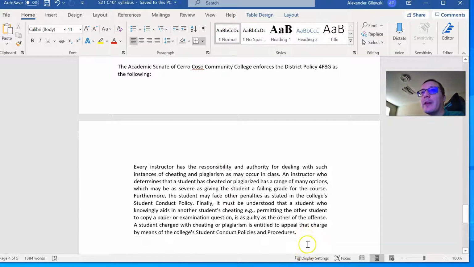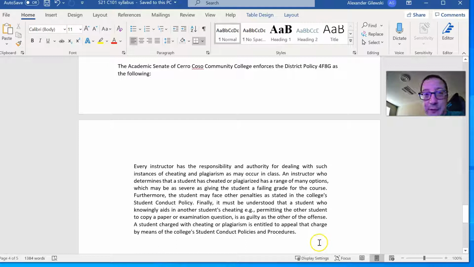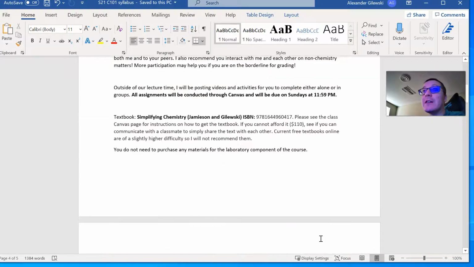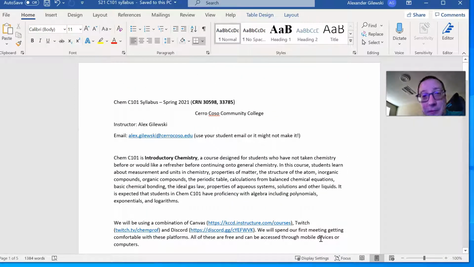So, I have the right to give you a 0 or fail you from the course if I suspect cheating. I really don't want to have to deal with that. Cheating makes it uncomfortable for everybody. It's best just not to do it. The only way to really fail the class, in my opinion, is to cheat. So don't do it. Alrighty.